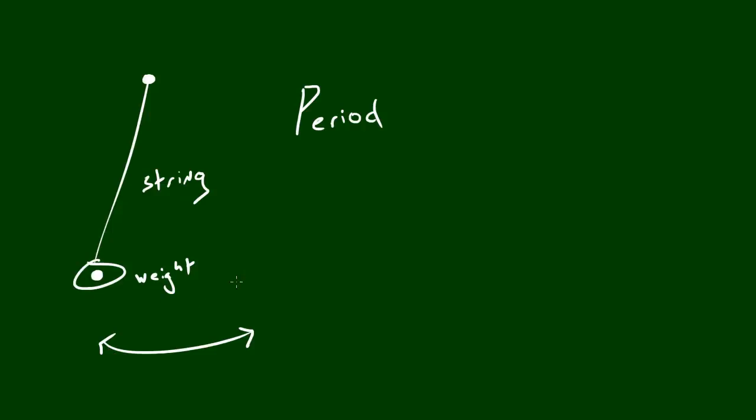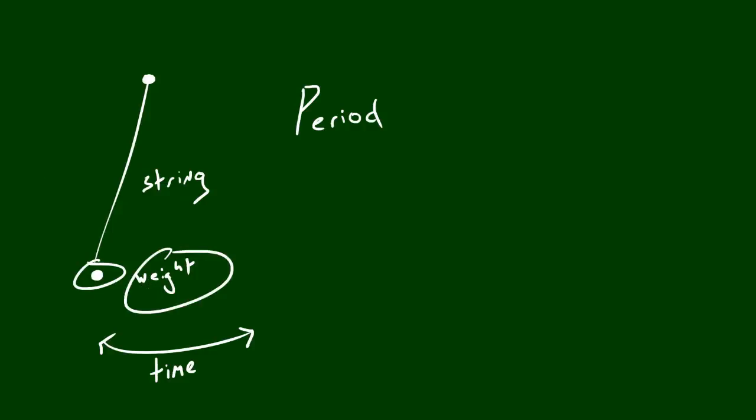So a fun fact that you have to remember is the longer the string, the longer the period, or the more time it takes to swing back and forth. So again, that relationship one more time is the longer the string, the longer the period, aka the time it takes to complete one swing. Now, another relationship that you have to remember is actually more like an interesting fact.